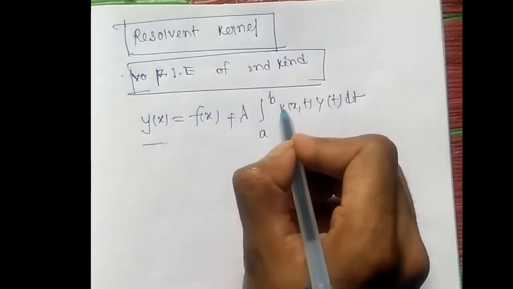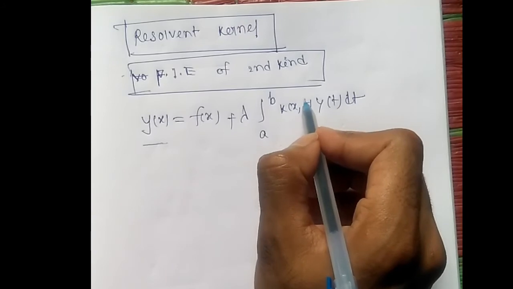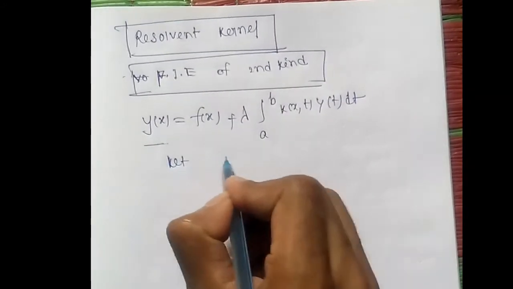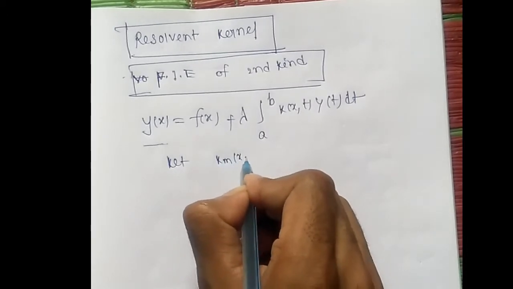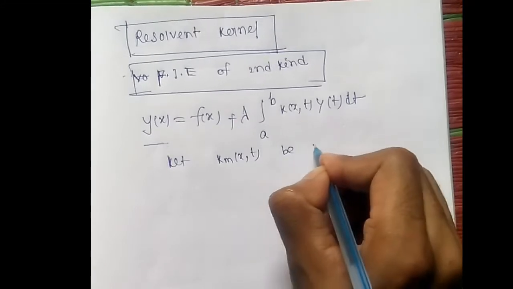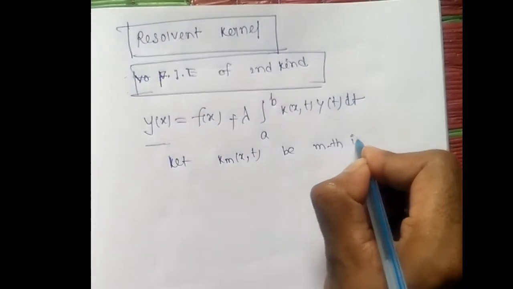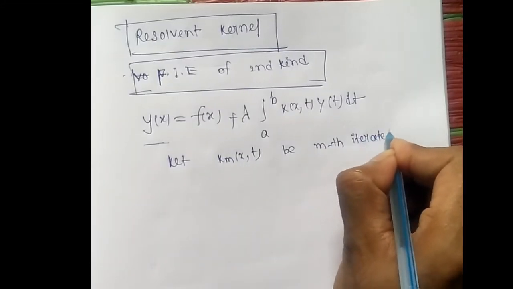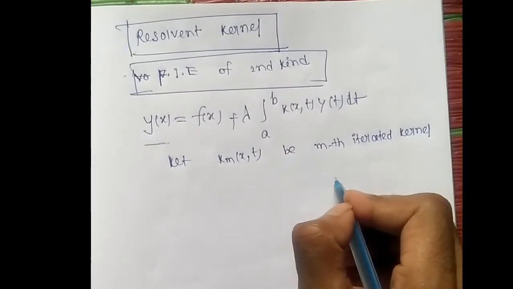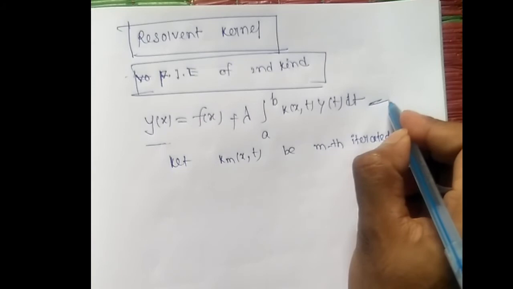So this is Fredholm integral equation of second kind, and let K_m(x,t) be mth iterated kernels, okay, of this integral equation.